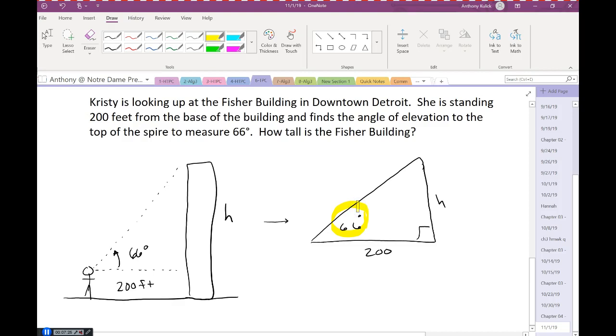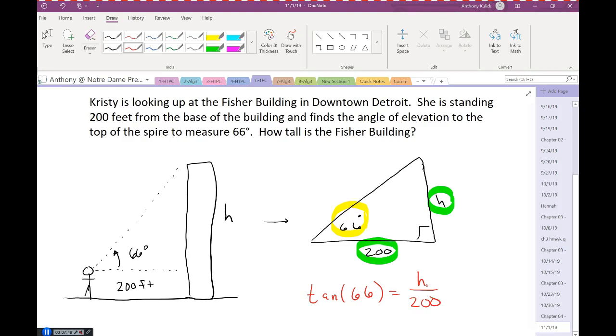Relative to the angle that I know, the two sides I know are opposite and adjacent, so I should pick tangent. So I can say tan of 66 is going to equal opposite over adjacent, which is h over 200. And now I'm just going to solve this equation for h.